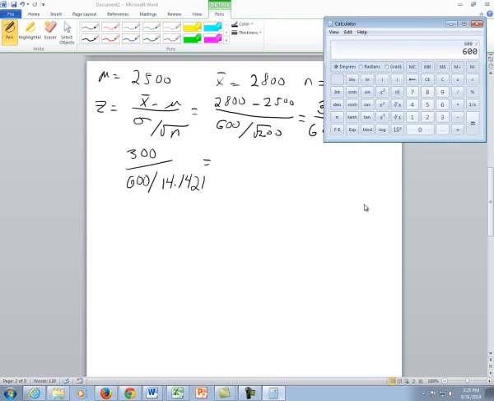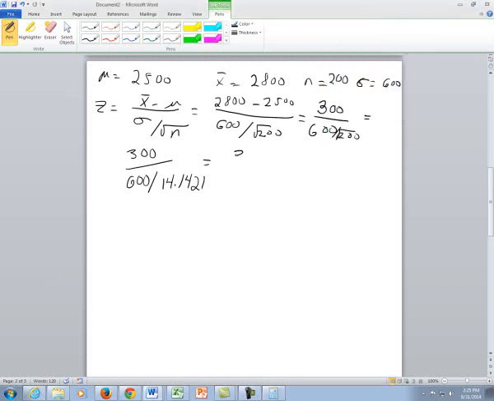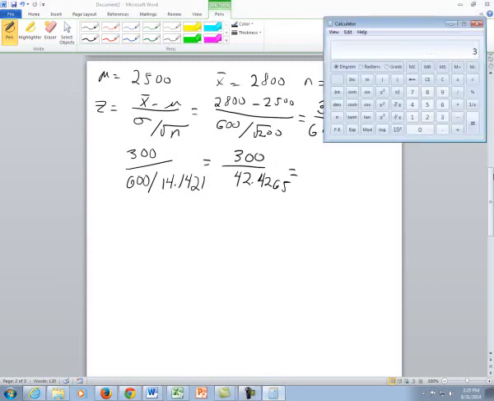We'll take 600 divided by 14.1421. It's going to give us 42.42651. So we'll round that to 42.4265. Alright, just a little bit more math. 300 divided by 42.4265.